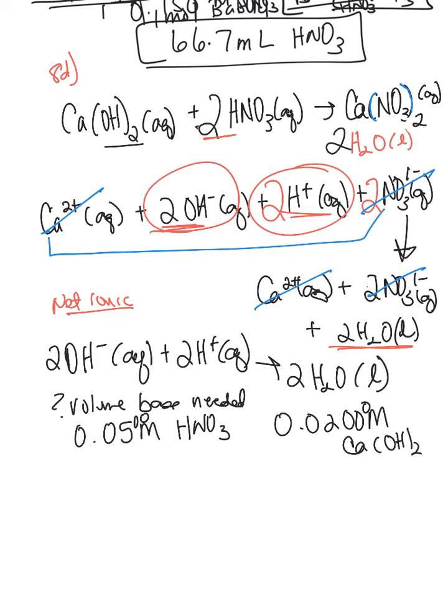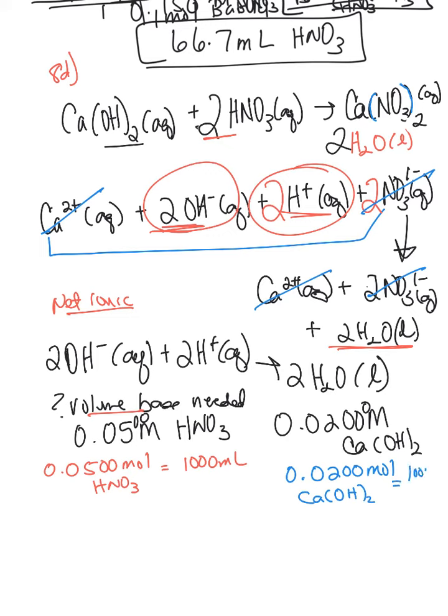So go ahead and make these into conversion factors. 0.0500 mole of HNO3, and since we're dealing with milliliters, just make that 1,000 milliliters instead of 1 liter. Make your life easier. And then over here, 0.0200 mole of calcium hydroxide equals 1,000 milliliters of calcium hydroxide.